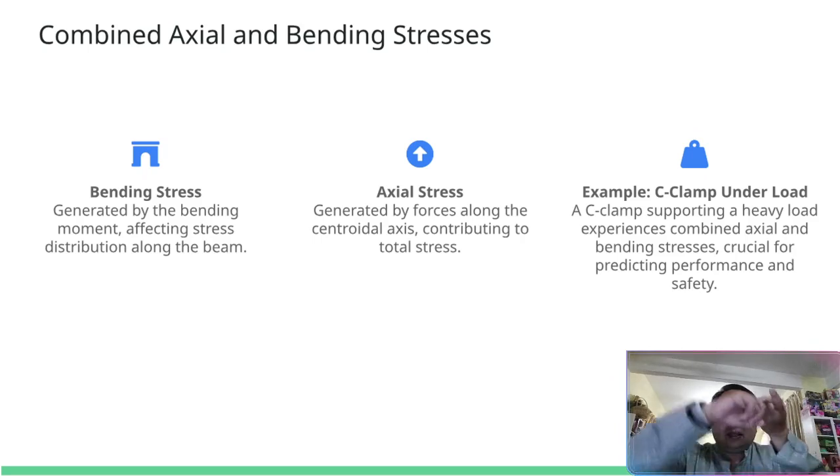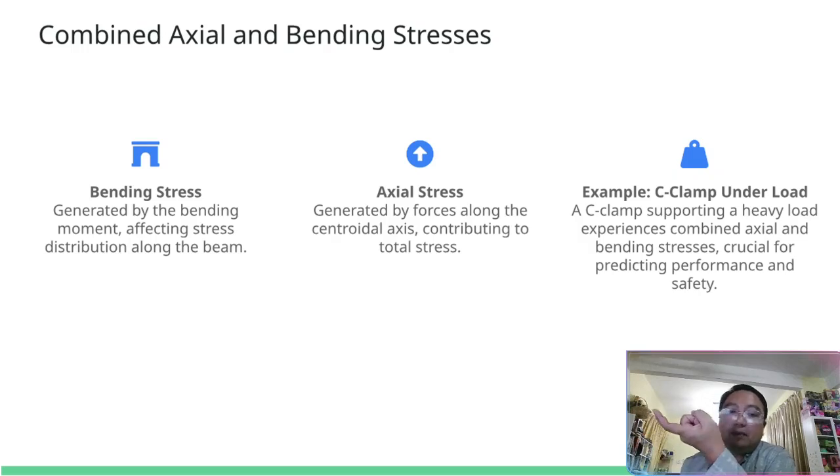I make my finger like a hook, and then I apply the load, I force my finger down, and it becomes bending stress. This portion becomes bending stress, and also axial stress going downwards. This is a combination of axial and bending stress.